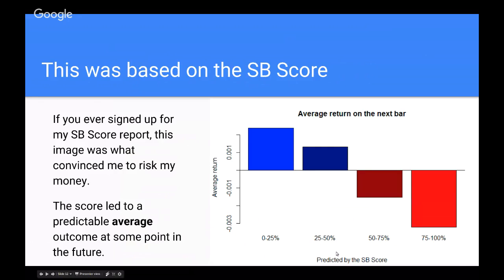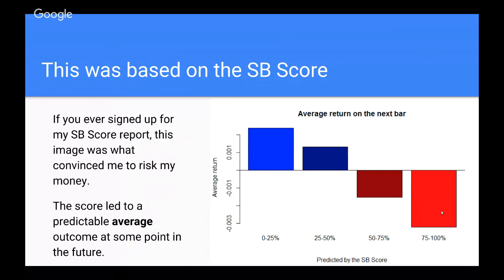There's a score here at the bottom left. So the SB score is 0 to 25%, and then it gives you an average return. These blue bars are intended to show you that these are bullish returns, and the red bars are intended to show you that these are bearish returns. So lower scores, more money; bigger scores, more money for shorts. And that's it, right?